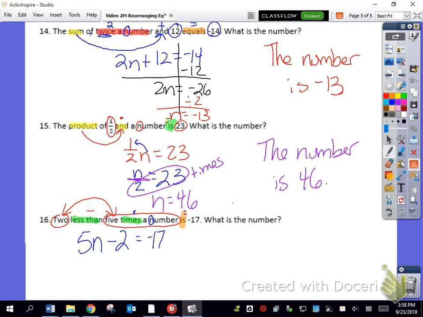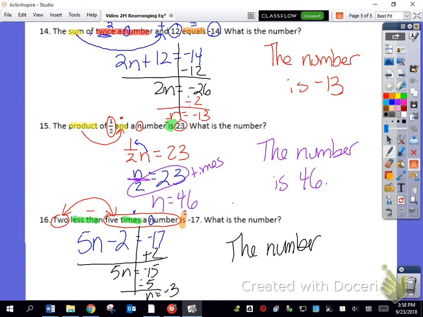So the opposite of subtracting 2 is to add 2. So 5n equals -15. The opposite of multiplying by 5 is to divide by 5. So n equals -3. So the number is -3. And that is just a mixture of everything we've done in chapter 2.